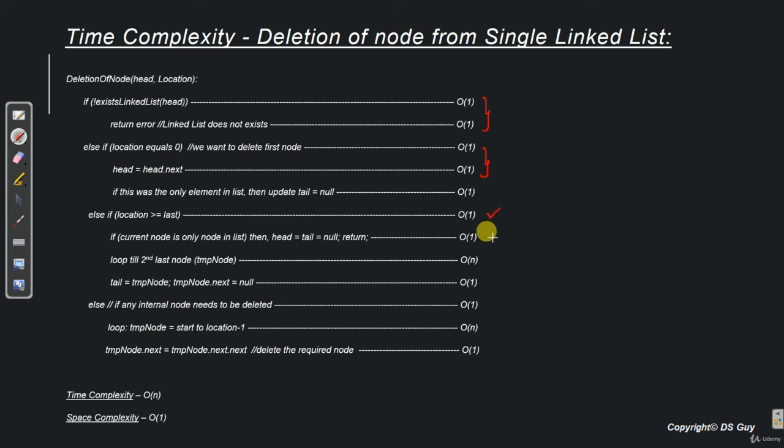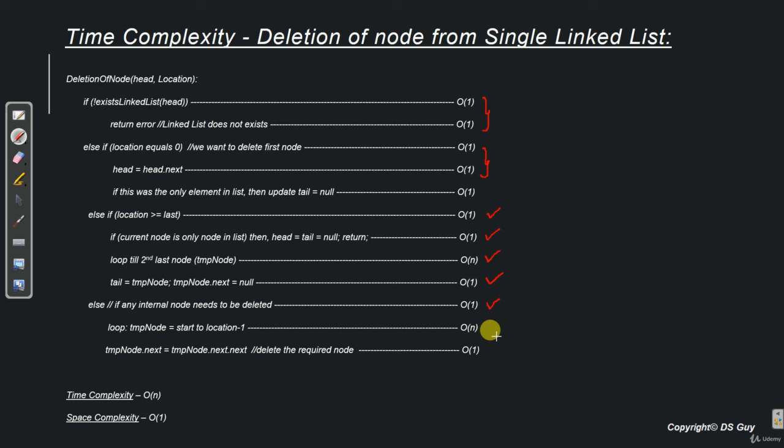If the last node is the only node in the list, it will take order of 1 time. But in case the last node is not the only node in the list, we have to loop starting from the first node till the second last node. So that will take order of n time. Then we update some reference variables, that will take constant time. Going into an else block will take order of 1 time.